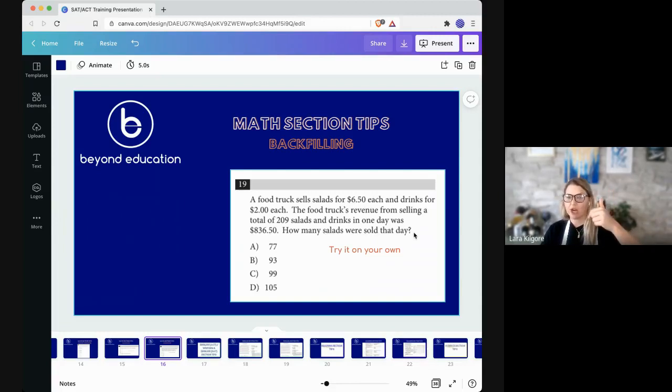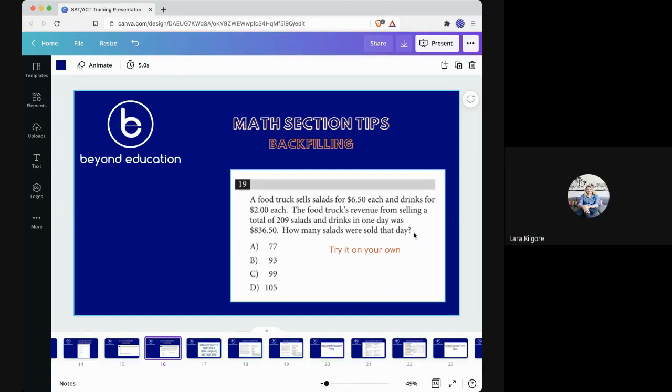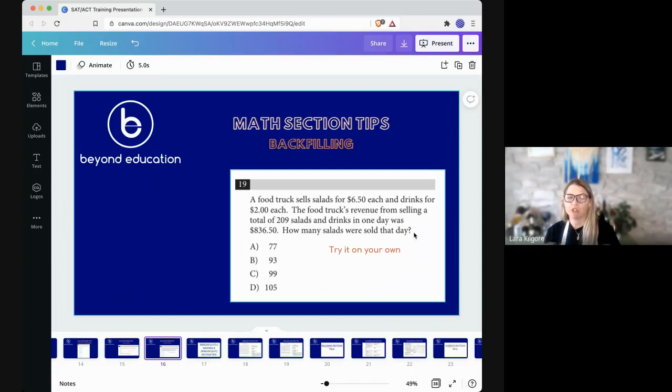But I just need to solve for salads. So make sure that I'm solving for whatever they're asking for, and don't waste time solving for the other thing, because this isn't a math test. The teacher isn't looking for all your work and for you to do all of the problems, or to do all of the components, I should say.